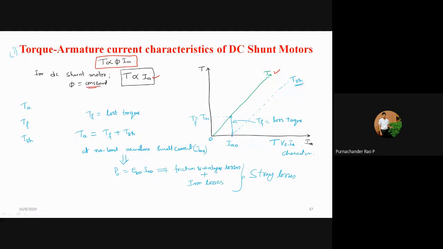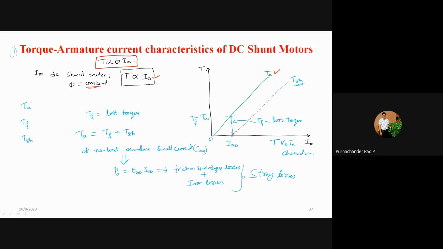And this dotted line is the shaft torque, and this is the gross armature torque developed. This TA is the gross armature torque developed, and this TSH is the shaft torque across the load.